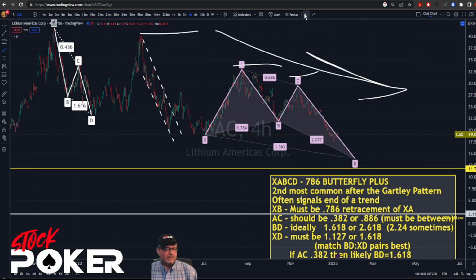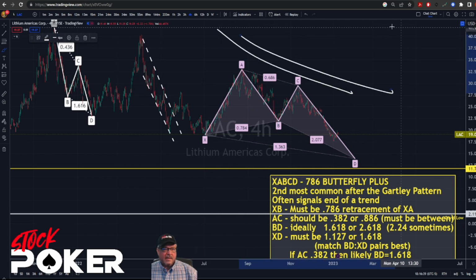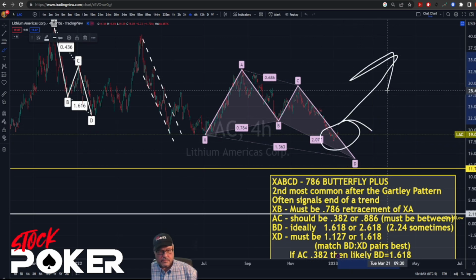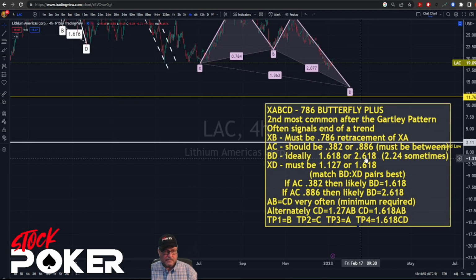I know that's really sloppy, so let me get rid of all that stuff. Our trend is down. We have a downward trend. And if they fit the rules that I'm going to lay out for you right now, what a butterfly typically signals is that this is going to be your bottom, and you're going to start a new trend upwards. So real quick, let's go over the rest of the rules.